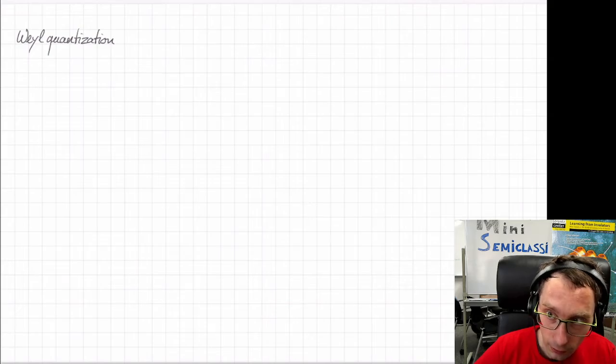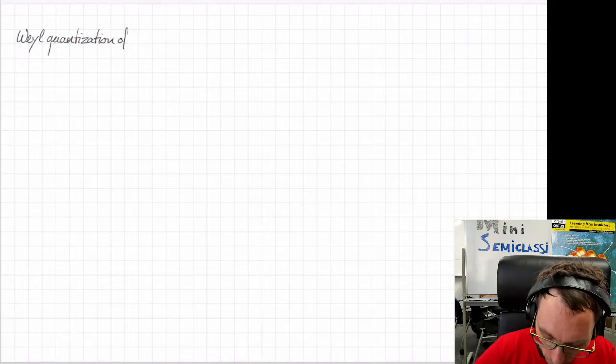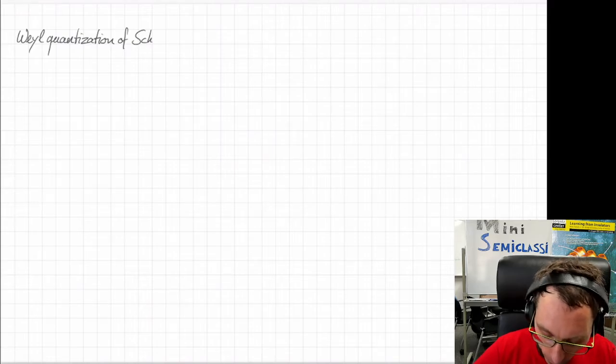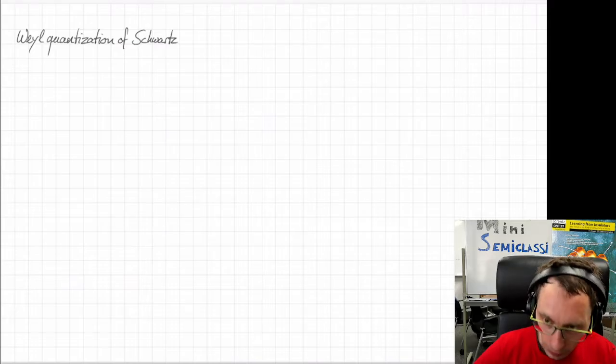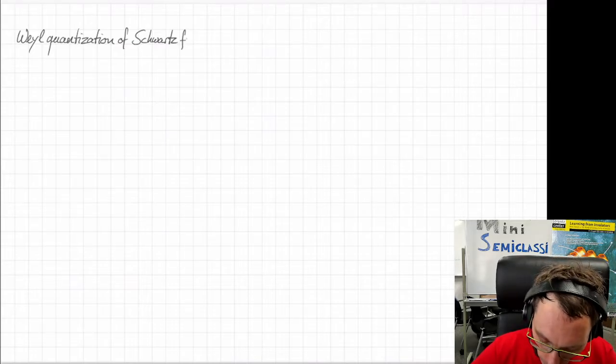So as the name of this subsection implies, all functions are now assumed to be Schwartz functions. We'll not write this out because that would add up over time.